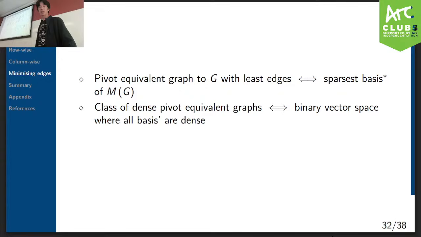This is kind of surprising, because you can imagine if you have some really complex, really dense graph, you just do some pivots, and it might add some more edges or delete some edges. But roughly, you should be able to do something to get the number of edges to be smaller, or to be at most half dense. But I show that it is possible for all the pivot equivalent graphs to be dense.